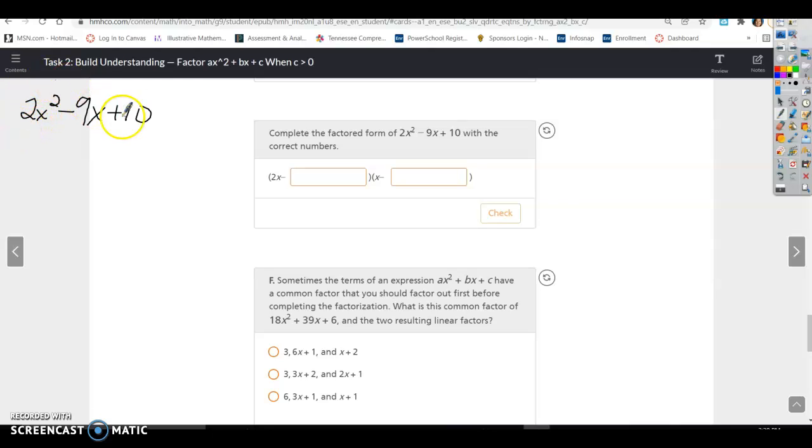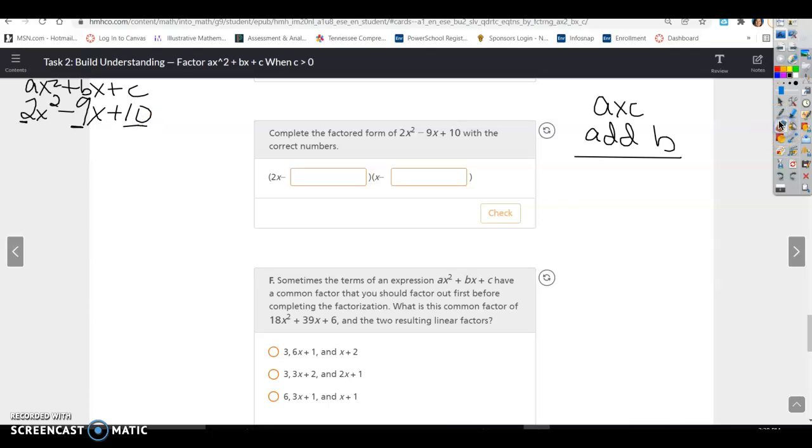So we're going to multiply a times c, and then we need to add to get b. Remember, this is ax squared plus bx plus c. So this is my a, my b, and my c.